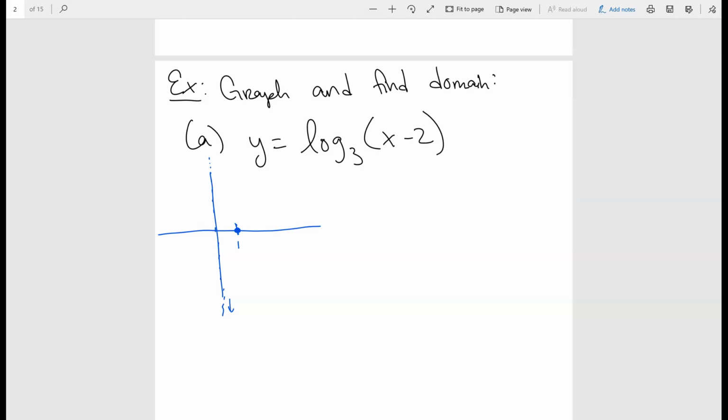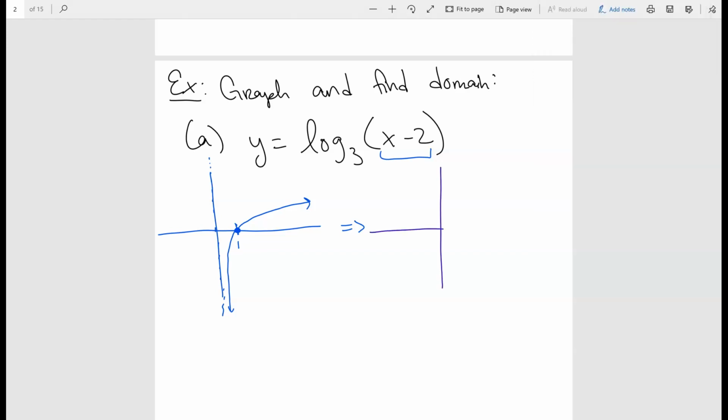It kind of looks like this, kind of like a square root function. This 3 doesn't really do anything; it just tells you how flat or open this is. Later on, you can plot a couple of points. But all this is doing is shifting it 2 units to the right.